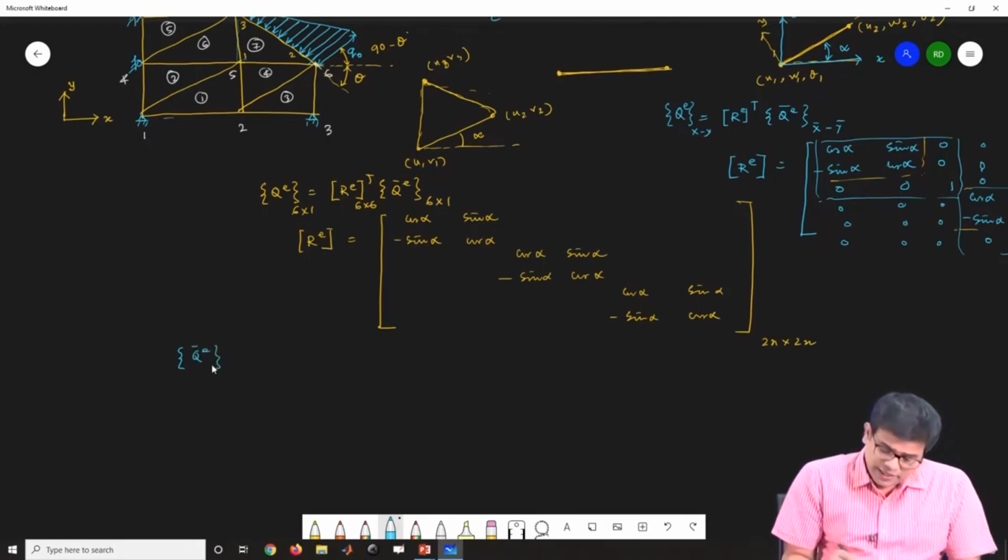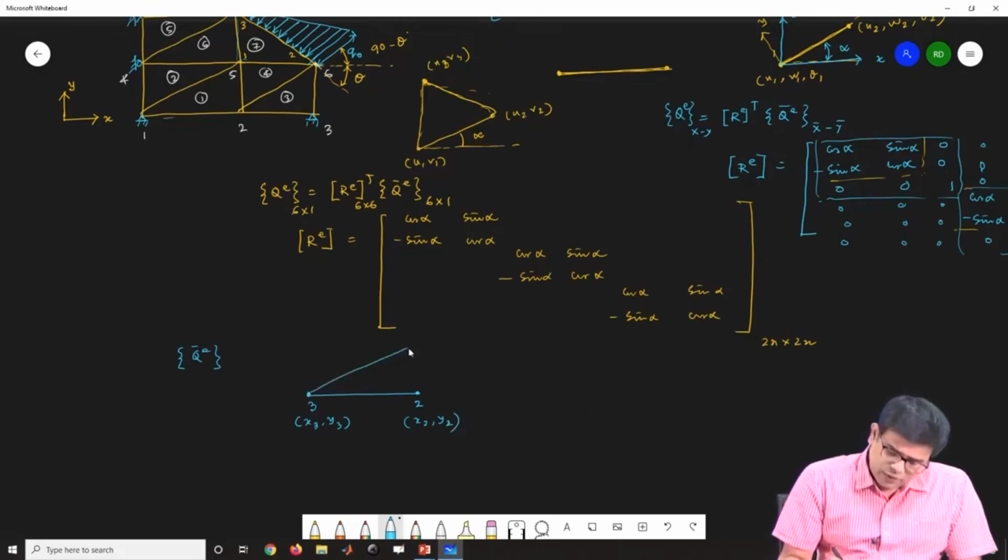Now to compute this, let me bring this element here. So this is my 3 2 line, that is here my 3 2, the side of this triangle number 7. Now here we know x3 y3 is its coordinate, and x2 y2 is its coordinate. Now here I have a triangular load.